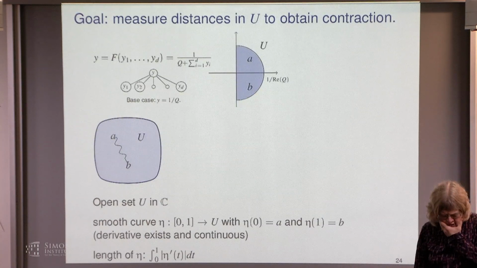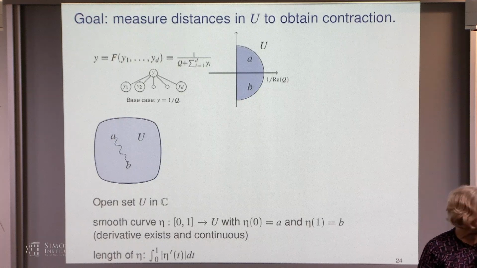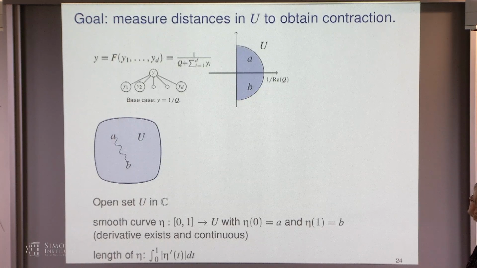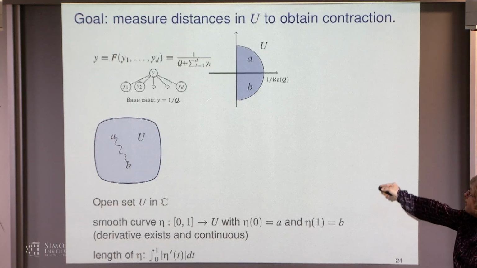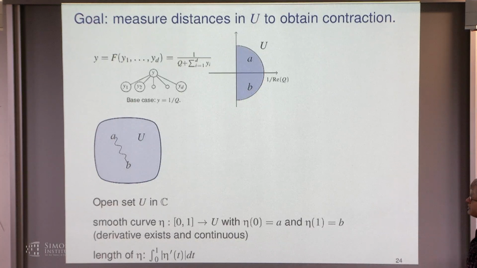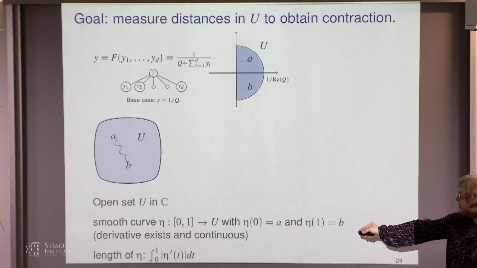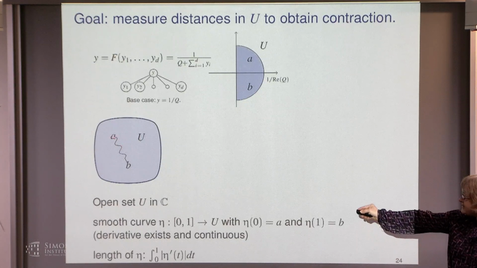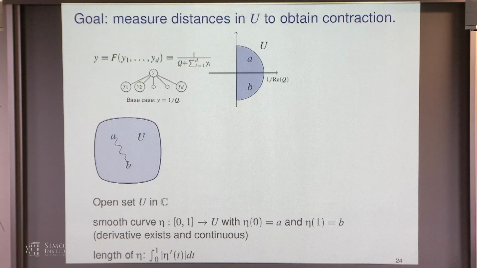Then the way we measure the distances in order to prove contraction is a standard way of measuring distances. If I have any open set, such as the semicircle in which we work, and any curve eta that maps [0,1] to the set, from some A to some B, then the length of eta is just the integral.